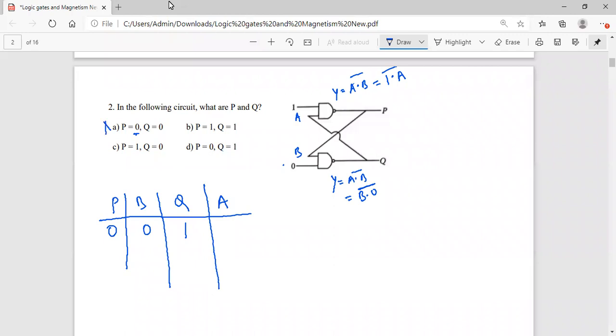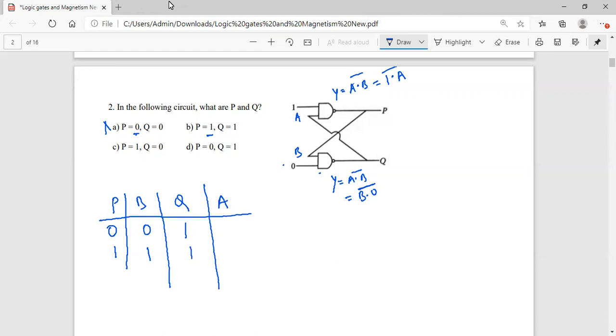Now come to B. Put P equals 1. If you put P equals 1, B is equal to 1, because whatever input P is given is connected directly to B. Now, if B is equal to 1, then the output of this NAND gate, B dot 0, becomes 1 dot 0, which is 0. Negation of 0 is 1.